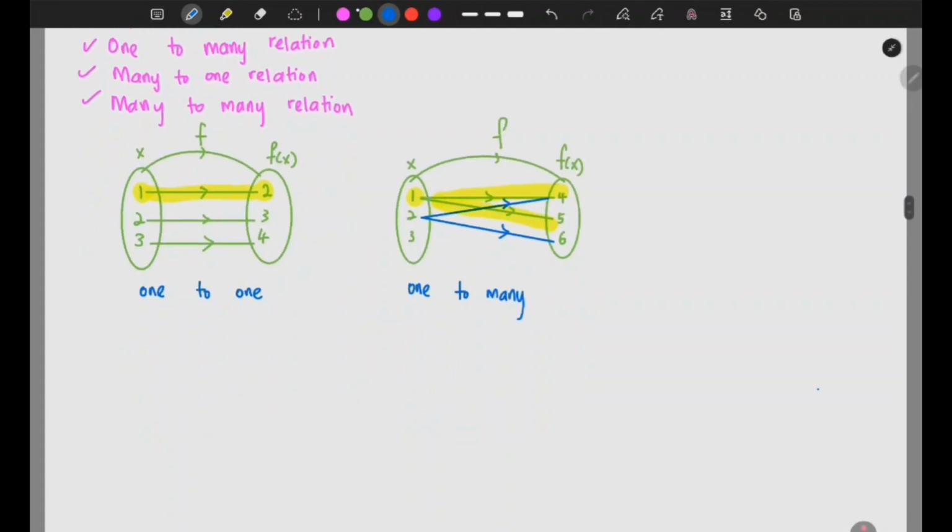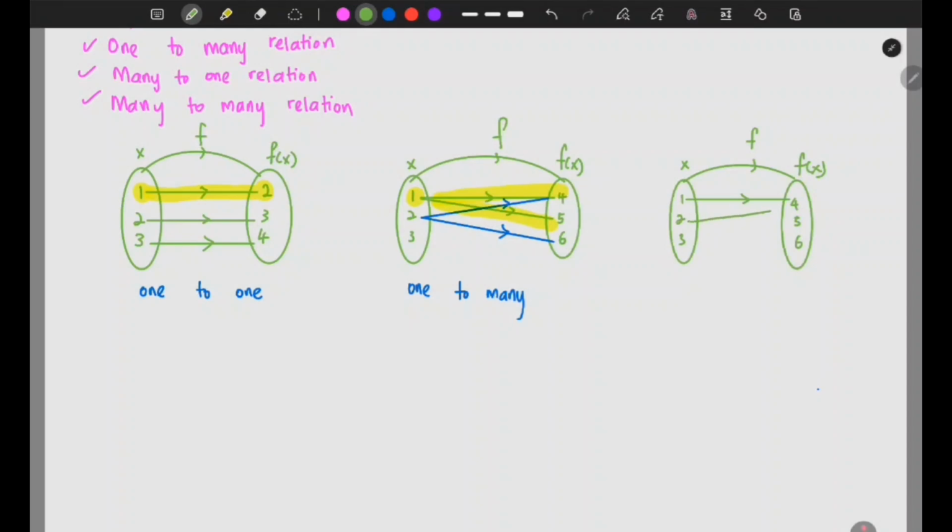What about many to 1? It's the opposite. So 1 becoming 4, 2 many to 1, right?